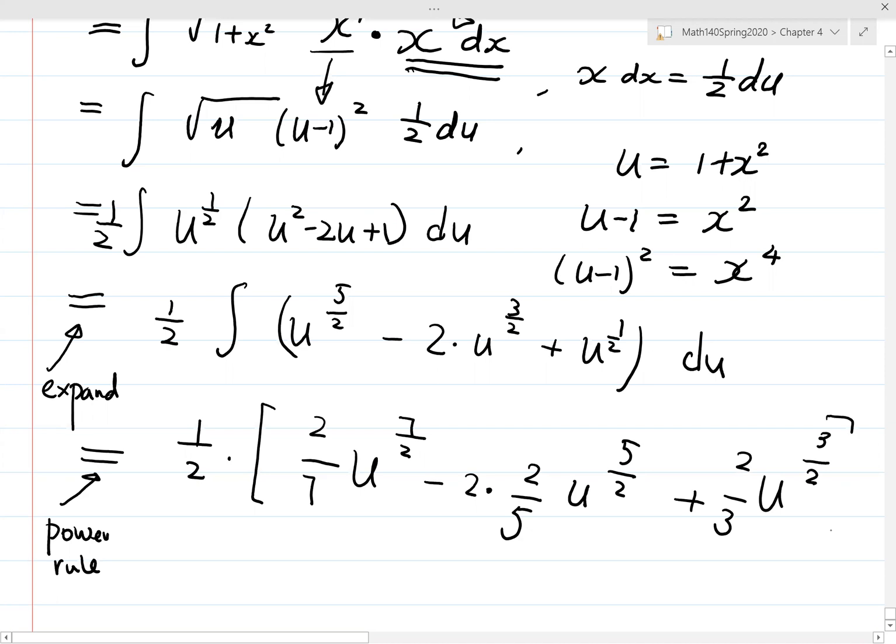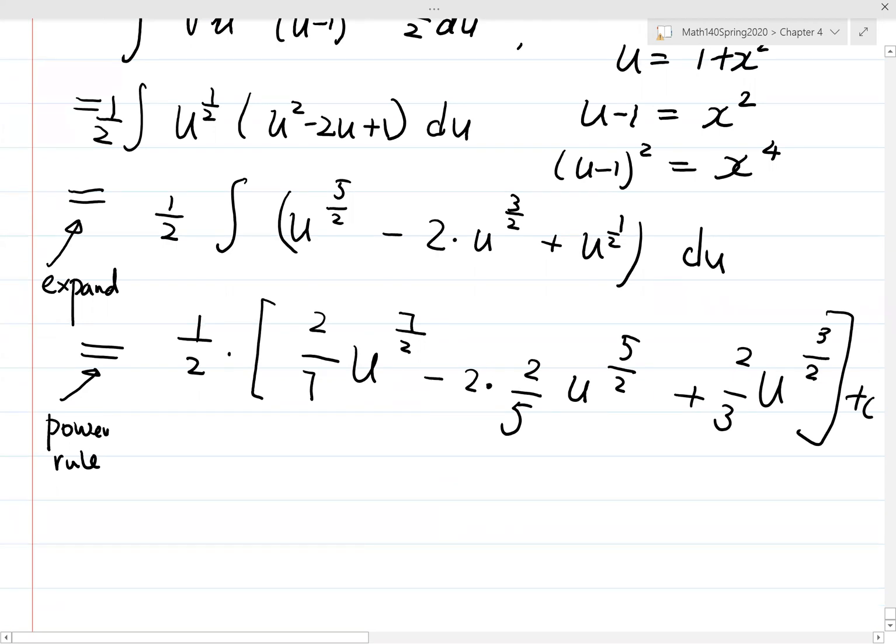Once we're done, put constant C. Then simplify, multiply 1/2 inside. So this will be 1/7 u to the 7/2 minus 2/5 u to the power 5/2 plus 1/3 u to the 3/2.